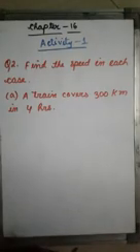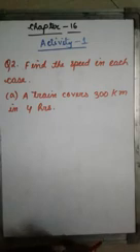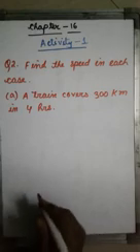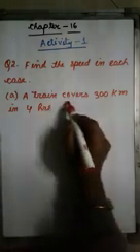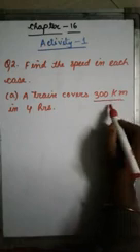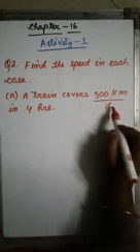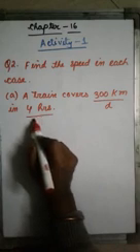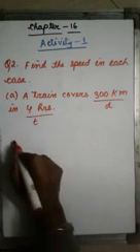Question number 2 of activity 1. Find the speed in each case. For explanation, I am taking question number A. A train covers 300 km in 4 hours. We have to find the speed. The train covers, that means the distance it covers is 300 km and time is 4 hours.